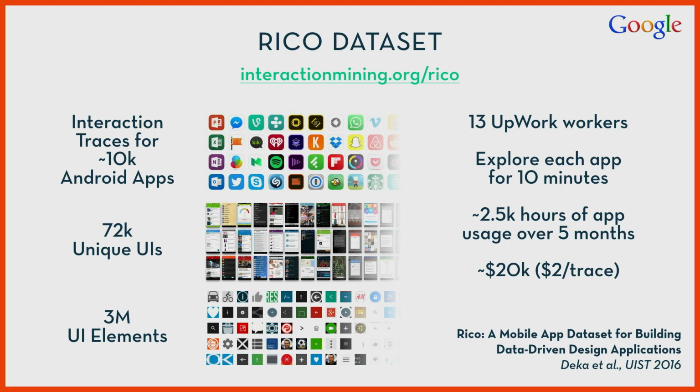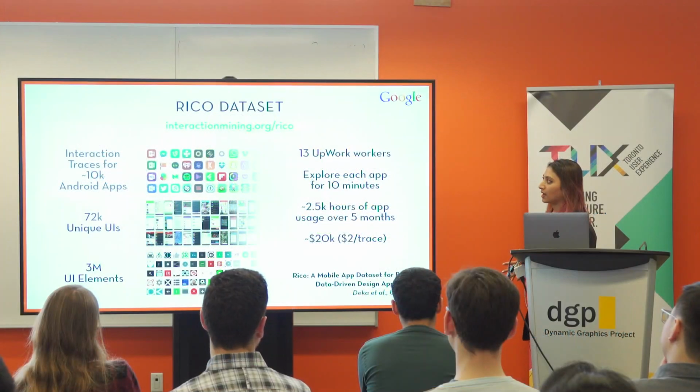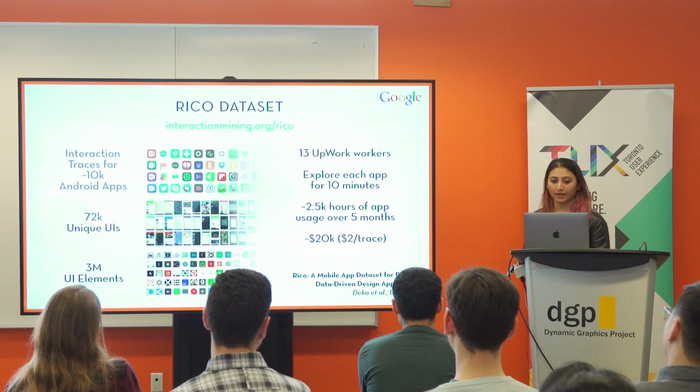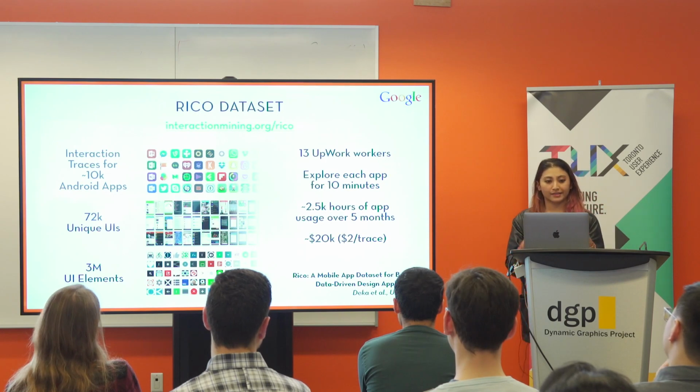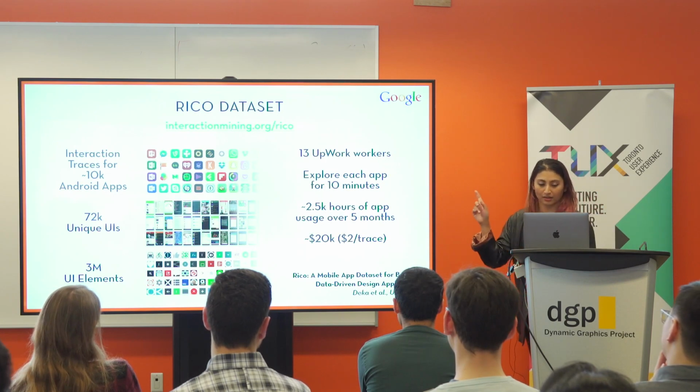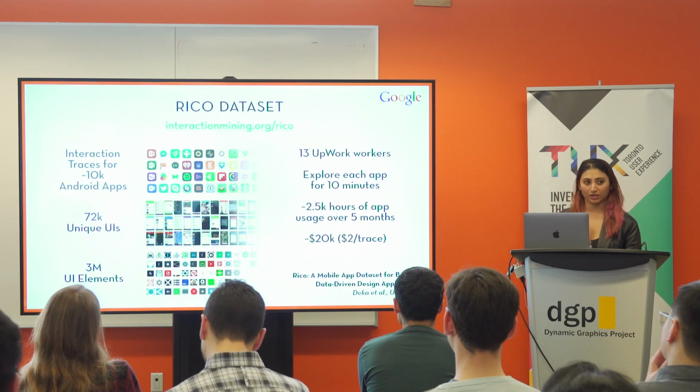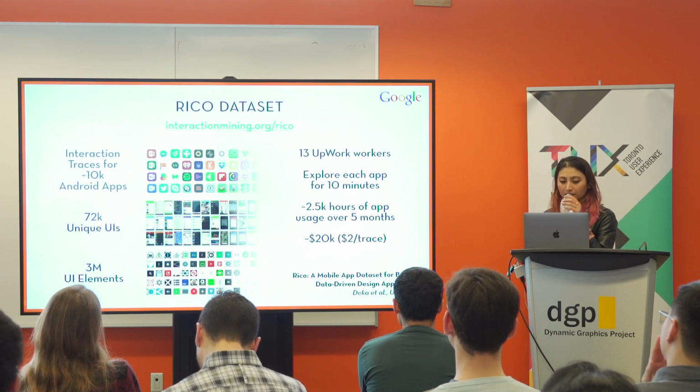So what we did was we actually created a big repository of just app designs. It's called RICO, and actually it's the largest publicly available design database of mobile apps, so you can actually download this data and use it yourself for your applications.